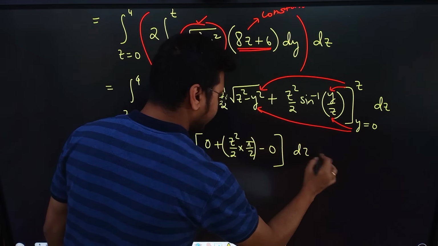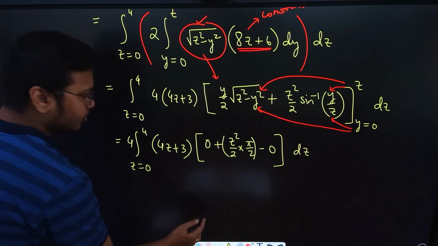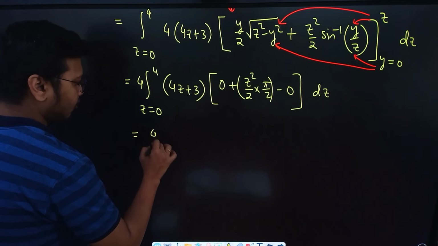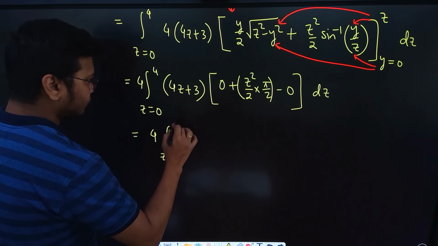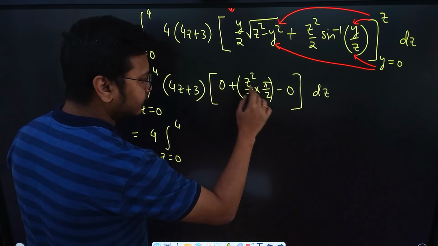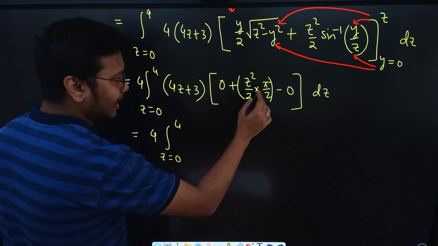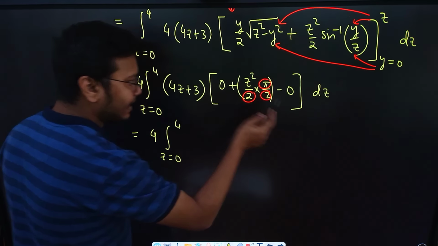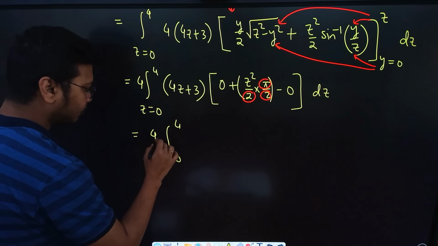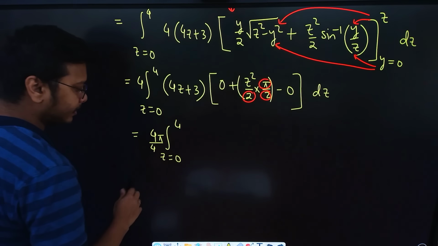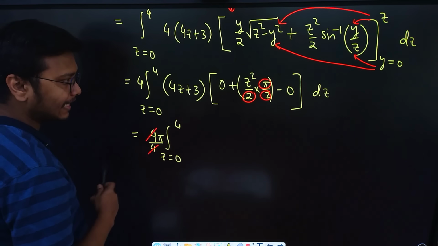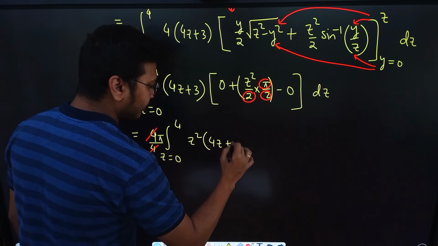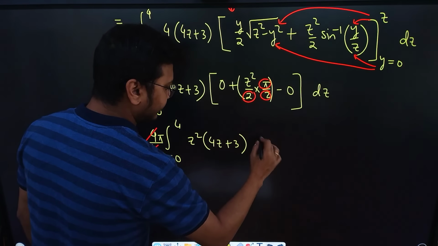Okay, and finally dz. So if I just simplify this a little bit, it's 4z, 0 to 4, and I can get this pi by 4 completely outside. It's a constant, so pi by 4, I'm taking it completely outside, and the 4 is going to get cancelled, and what I have is z square into 4z plus 3 dz, right?